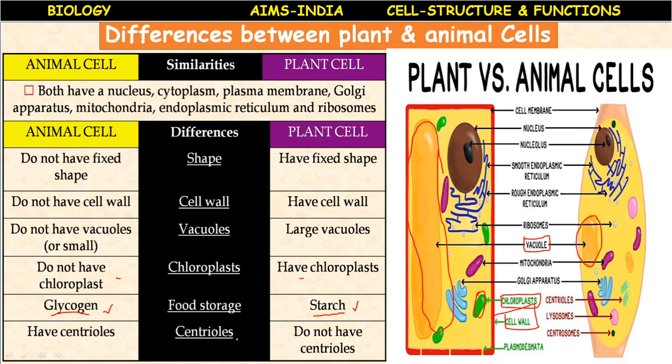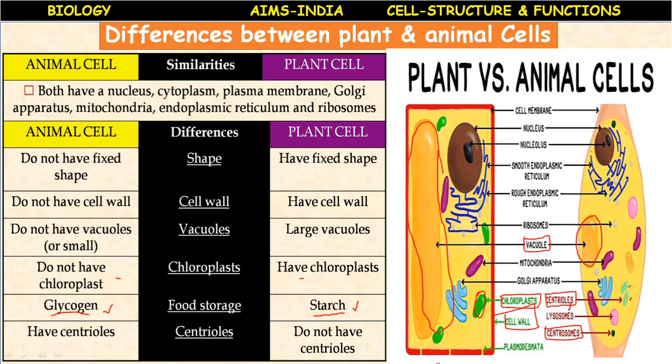Next, centrioles. Centrioles are the structures which are present only in the animal cells, they are absent in the plant cell. So these centrioles are present in the structure called centrosome. At the time of cell division, these centrioles reach the opposite poles of the nucleus and help in the process of cell division.